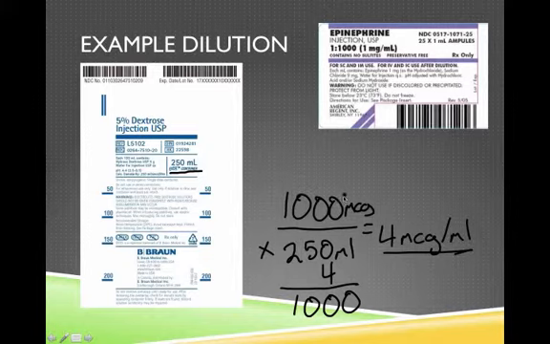And we can test that out here really quick by taking these zeros away. 100 divided by 25 is 4. Now, the last part of this: since we figured this with micrograms, the answer that we get will be in micrograms. This is in milligrams.